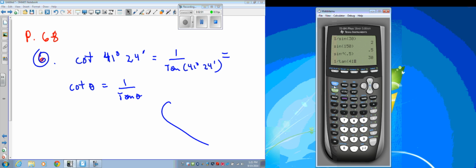So I go second angle, enter on the degree, and then I have 24, and I go second angle, and I can just push 2 and it'll give me minutes. Push enter, and then they said as many as your calculator shows. So it's 1.134277349.